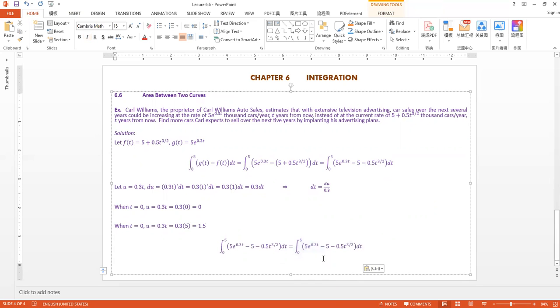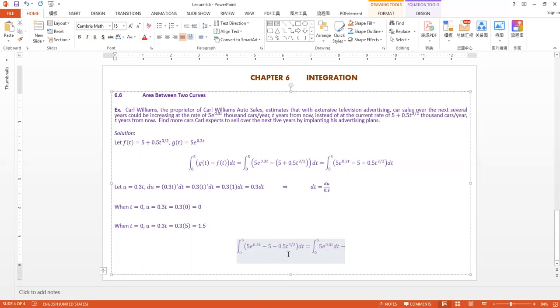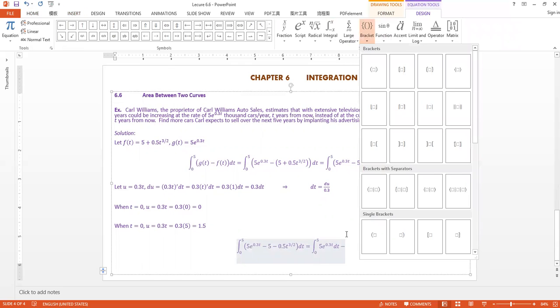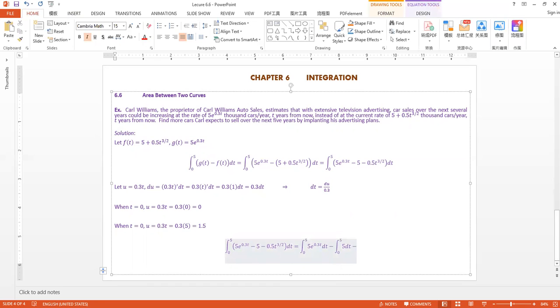I'm going to write the integral of 5 times e to the 0.3t, and then minus the integral of 5 dt, that's the second term, and then the other term is just 0.5t to the 3/2.